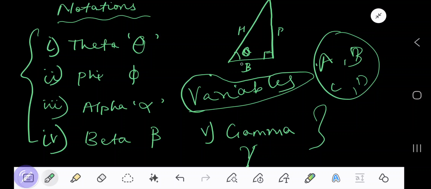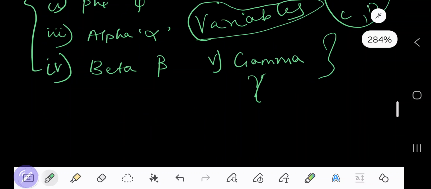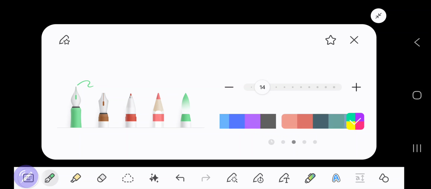So as you can see, this angle here is represented by theta. So they're just variables used to represent angles. They don't have a specific value defined. So they're not constants. They're just variables.